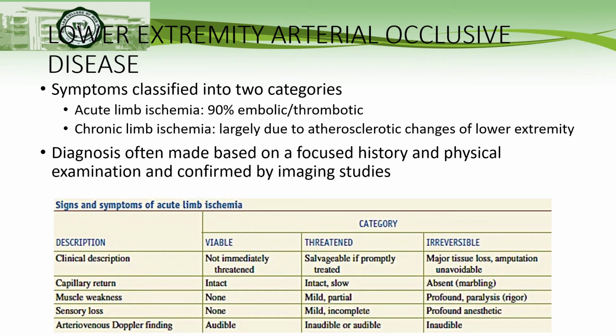When severe, irreversible acute limb ischemia occurs when there is no more capillary return. There is already profound paralysis, profound anesthesia, and an inaudible arterial and venous Doppler finding. So for this topic, we shall only be discussing acute limb ischemia.